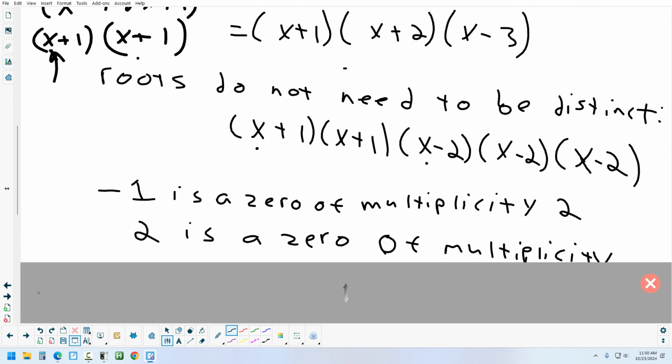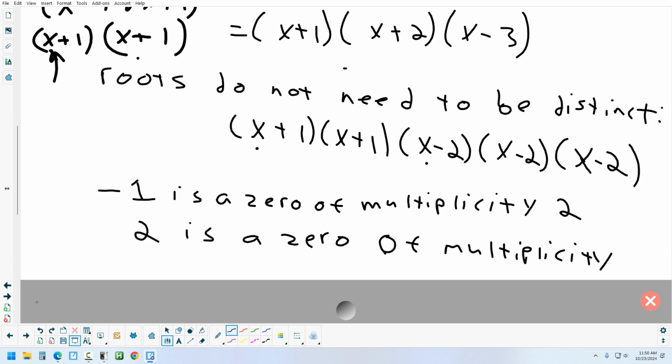So the way we could say that is the word multiplicity. That tells you how many times the answer repeats. So -1 is a root, and it occurs twice. So we say it has a multiplicity of 2. 2 is another root, and what would be the multiplicity of the number 2? 3, because it occurs 3 times.